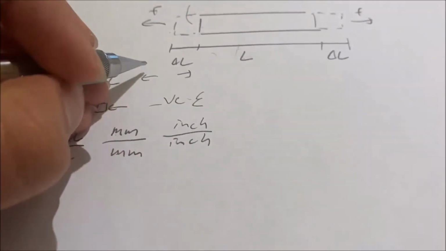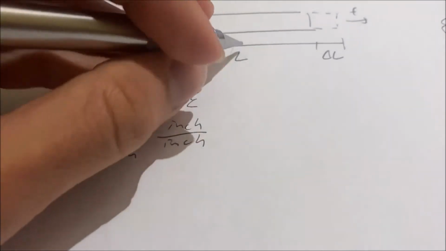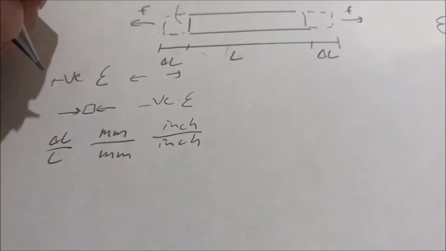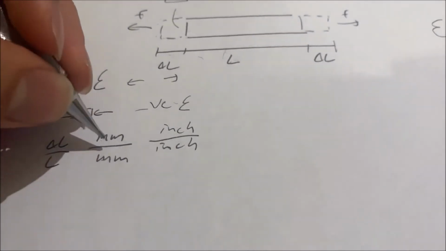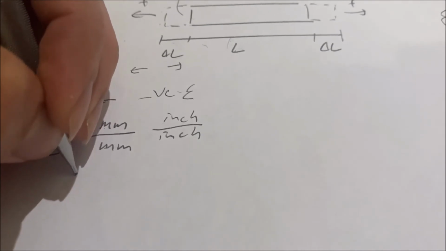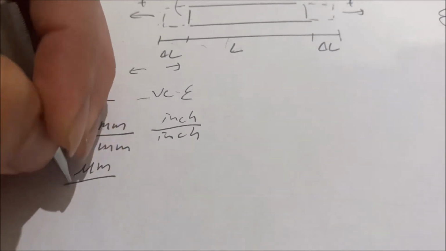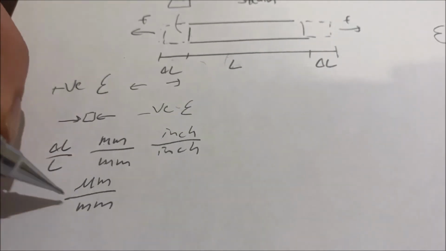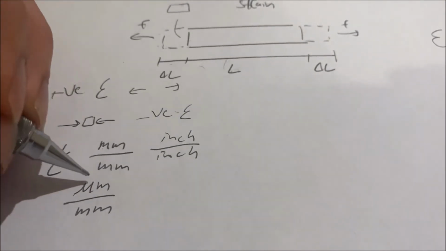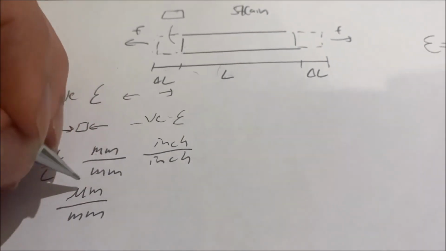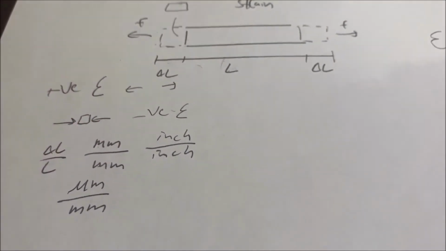However, this change in length compared to the original length usually is really small, and the number will be really tiny when we calculate it. To combat this, for metric, we use micrometers over millimeters, so the number works out for us and it's a really nice number, not a tiny number.